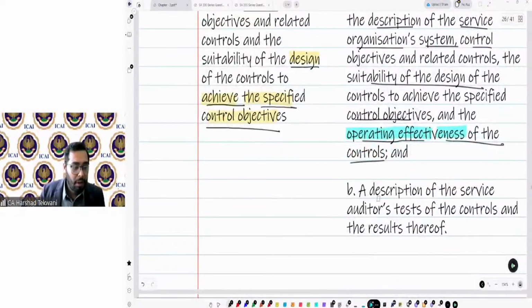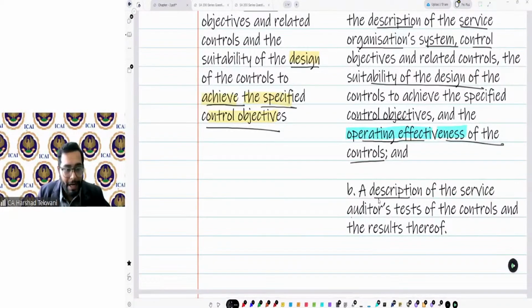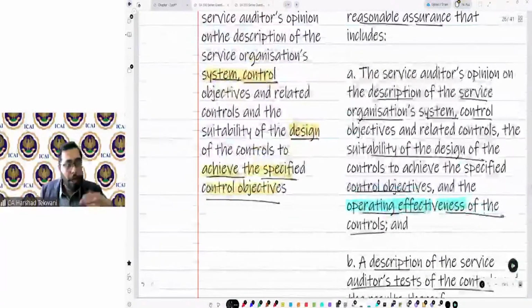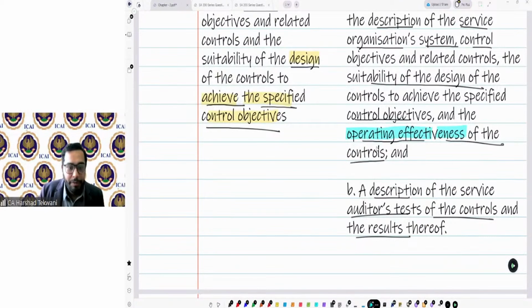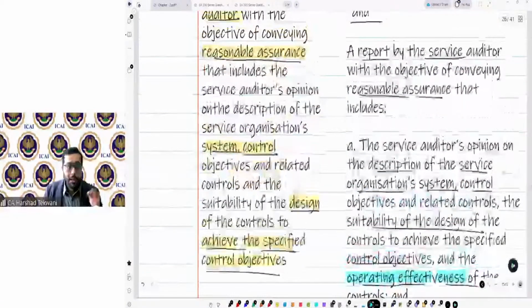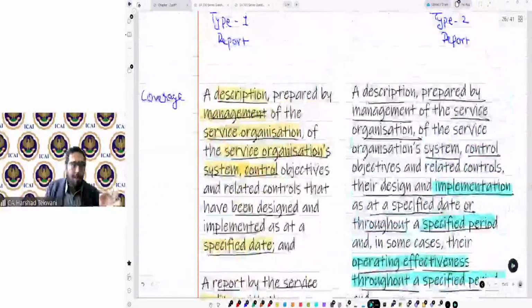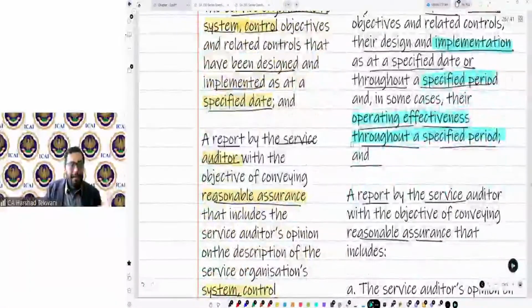Second point in the type 2 report is a description of the auditor's tests on the controls and the results thereof. Now we are talking about testing. Without testing, you cannot provide operating effectiveness. So, description of the auditor's tests on the controls and the results. See the difference between both of them. On one side, I'm talking about design.